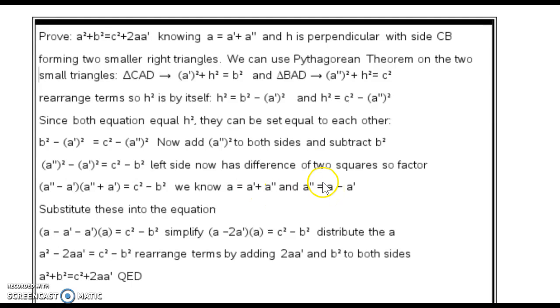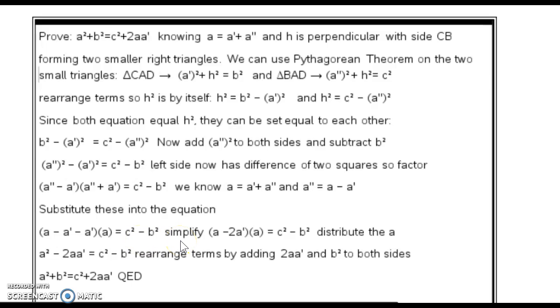So I substituted both of these, A and A double prime, these values, into this equation up here. So if we look very carefully at the first term, we have A minus A prime minus A prime times just the quantity A from the substitution is equal to C squared minus B squared.